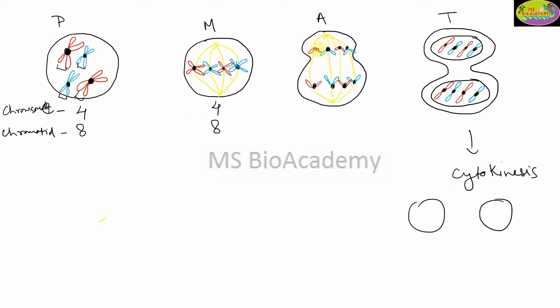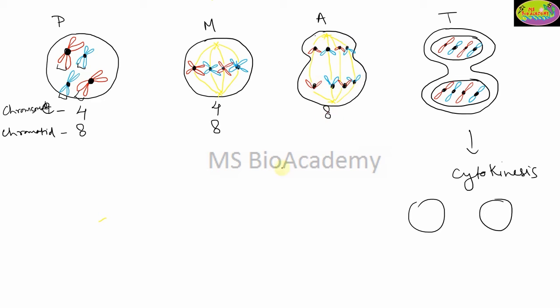Now in the anaphase, the sister chromatids separate at the centromere and move towards opposite poles. So here each will now become 1 chromosome. The total number of chromosomes will be the total number of centromeres. So just count it down, 1, 2, 3, 4, 5, 6, 7, 8.